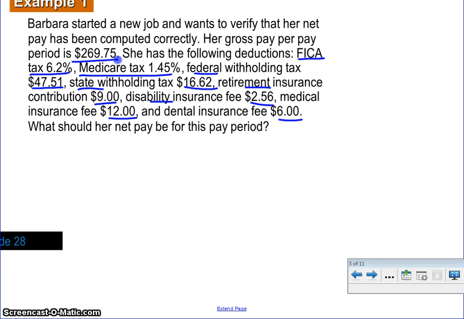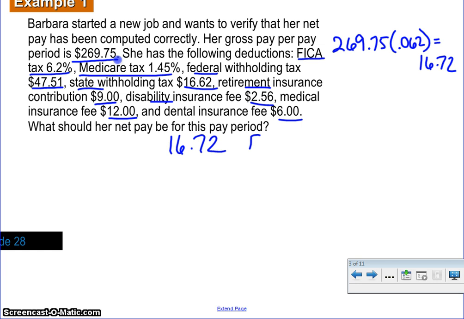So the first thing that we have to do is calculate all of these deductions, and I'm going to do so over here. So we've got $269.75, and we need to find out what 6.2% of that is. And we find that it is $16.72. So I'm going to write that right over here, $16.72, and that is my FICA tax.